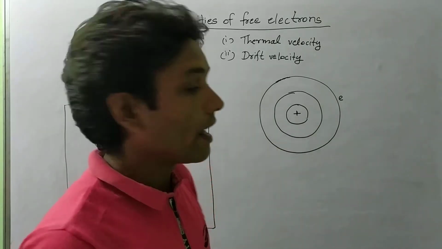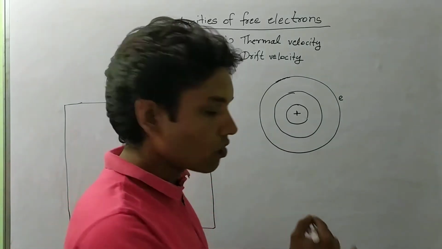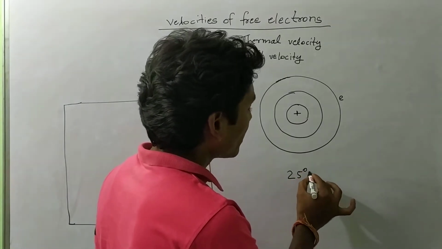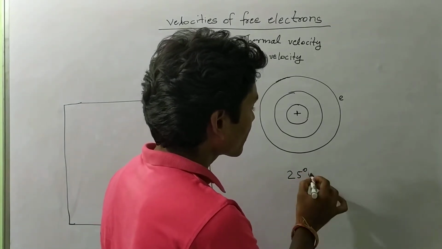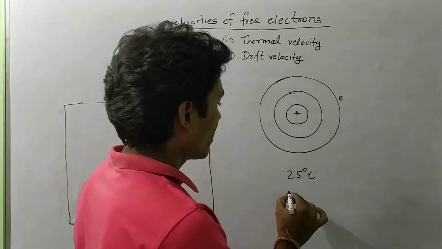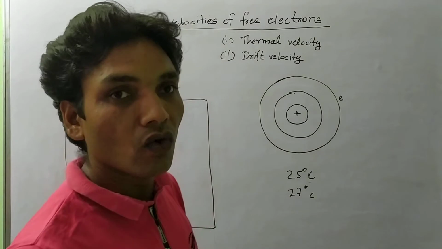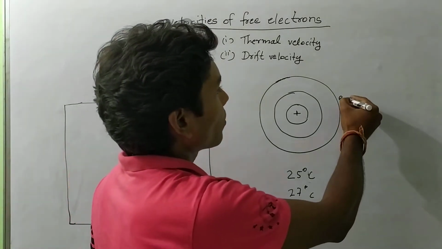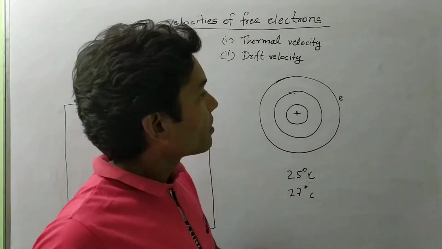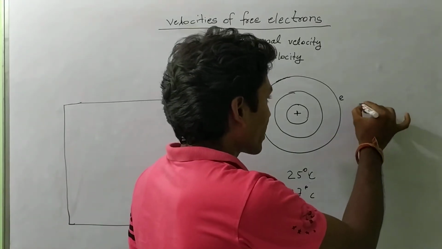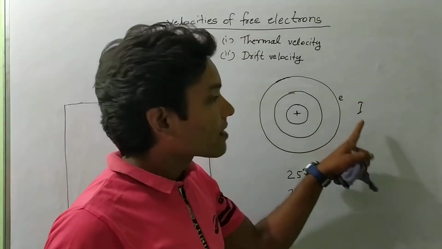Now, at room temperature. What is room temperature? Room temperature is taken as 25 degrees Celsius; somewhere it is taken as 27 degrees Celsius. So at room temperature, this electron revolving in the outermost orbit gets extra energy.